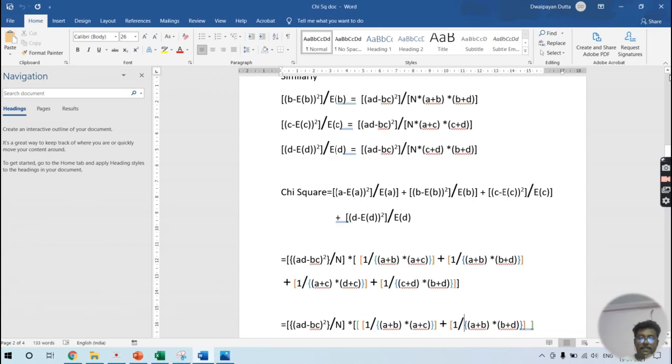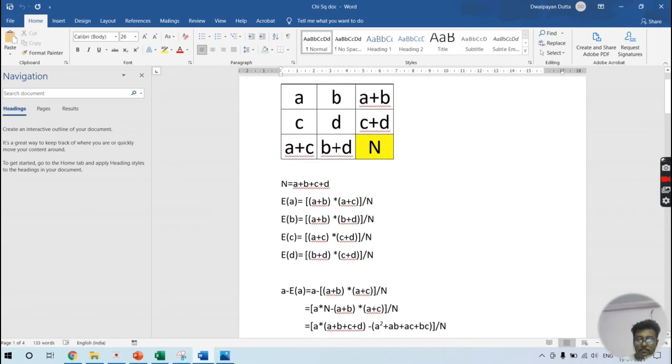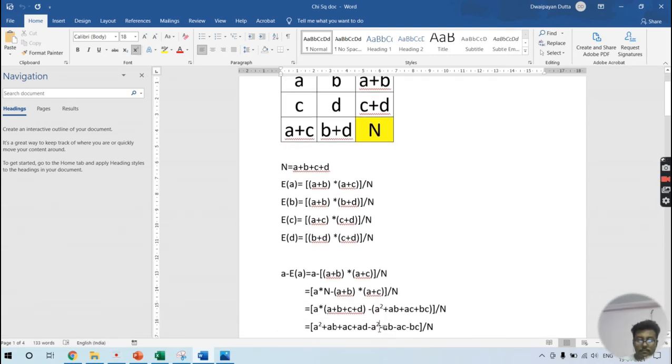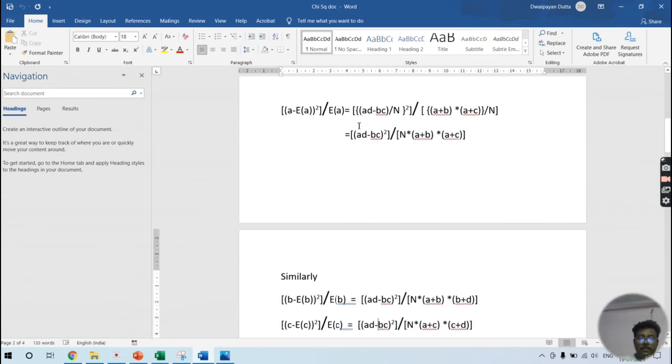From where are we getting this? See, this is the part (A minus E of A) whole square divided by E of A. The answer is this one. If we take common this (AD minus BC) whole square divided by n, then what we are left with is 1 by (a plus b) into (a plus c), right?